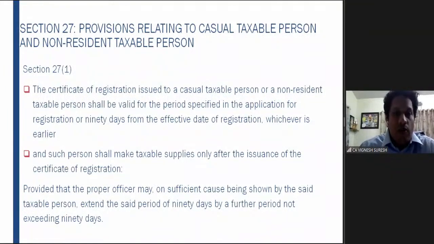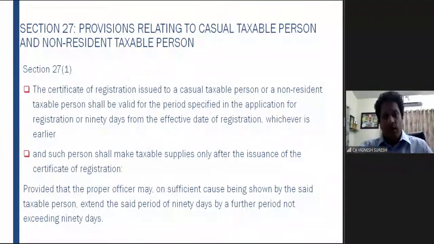First, he has to apply for registration, and in that he has to clearly mention the time period for which he wants the registration. For example, if he is participating in an exhibition being held for 1 week, the registration period will also be 1 week. If the period is 30 days, the registration period will be 30 days.